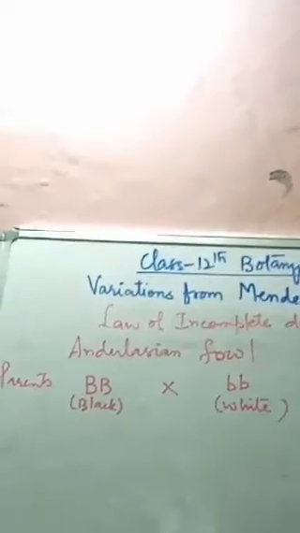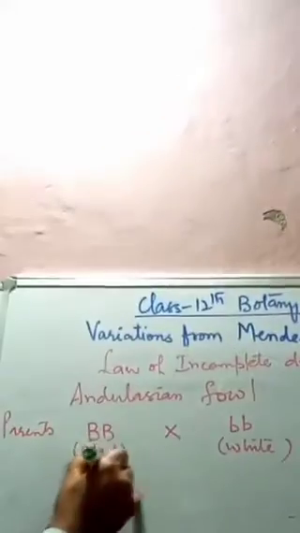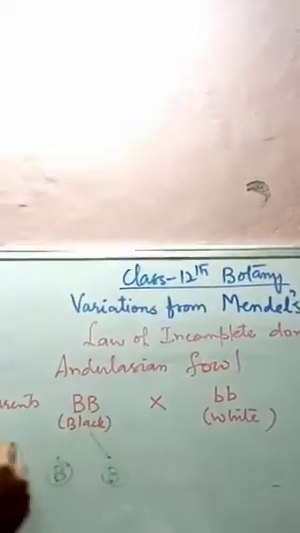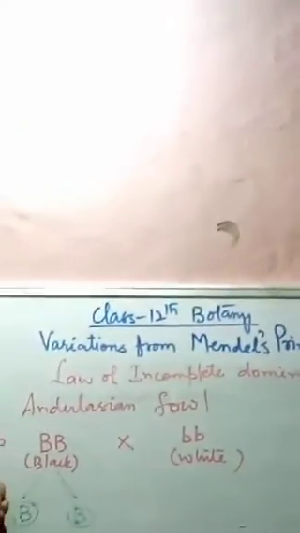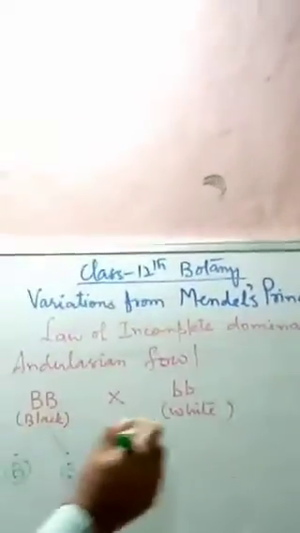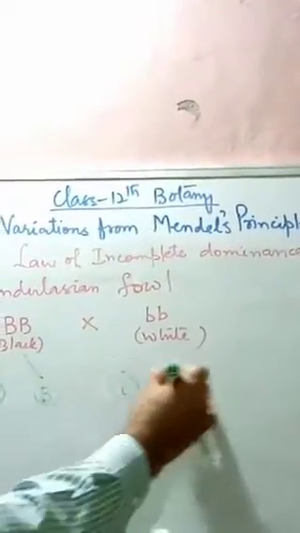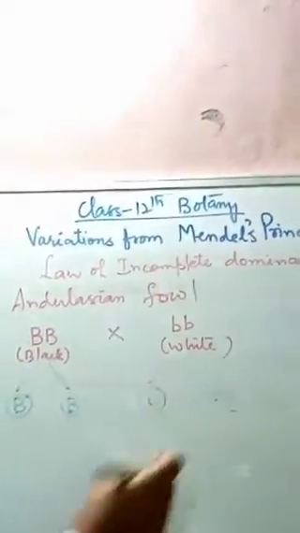And the other one, these are dominant, and another one is the white. These are the parents. Now let's work out the gametes. What will be the gametes? Small b and small b.